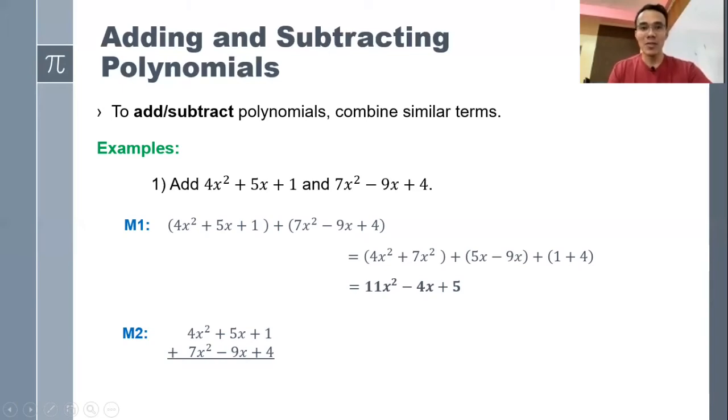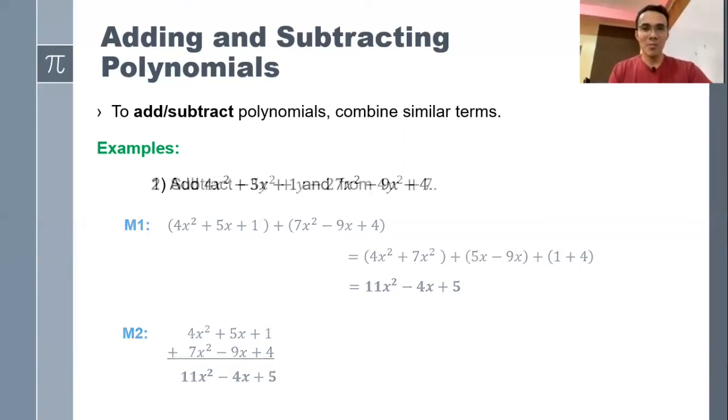And how do we proceed? Just add 4x squared and 7x squared. That will give you 11x squared. You add 5x and negative 9x. It will give you negative 4x. And add 1 and 4. It will give you 5. This is the final answer.